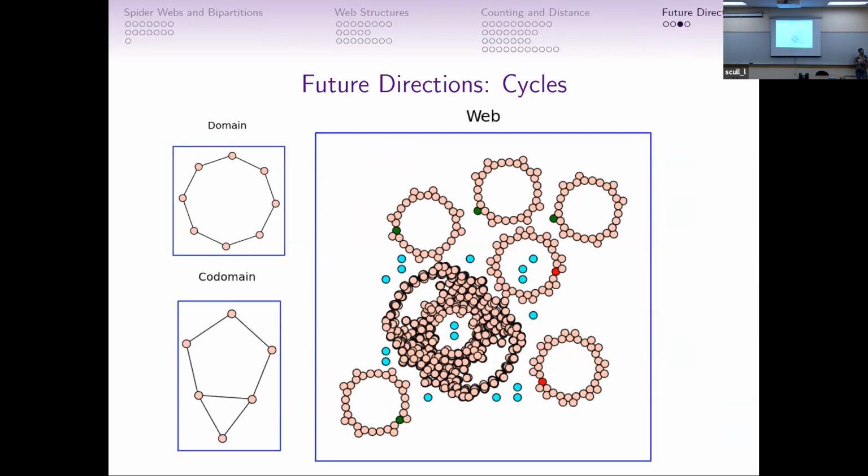I don't even know if a generalized formula exists, but if it does, the most promising approach that I have found so far has been to look at groupoids of all the possible walks in the domain and all the possible walks in the codomain and examine the relationships between those groupoids and the connected components in the web. And I think that that's interesting, and that's one of the directions we're going with next.